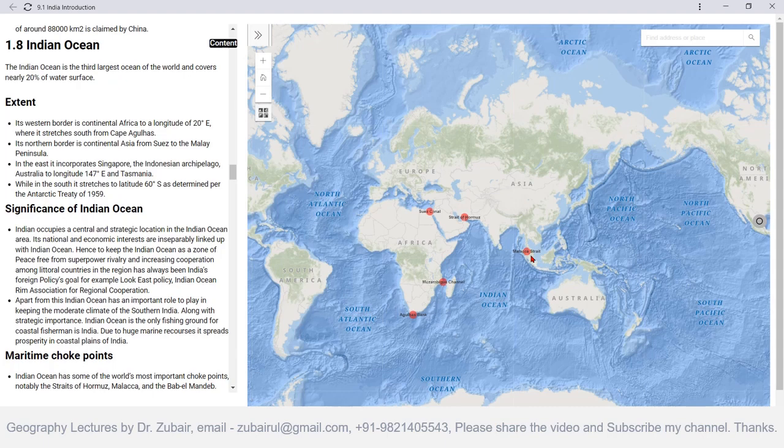In the east, it incorporates Singapore and the Indonesian archipelago, and the eastern border is the 147° east line. The southern border is 60° south, determined as per the Antarctica Treaty, that is the 1959 treaty.